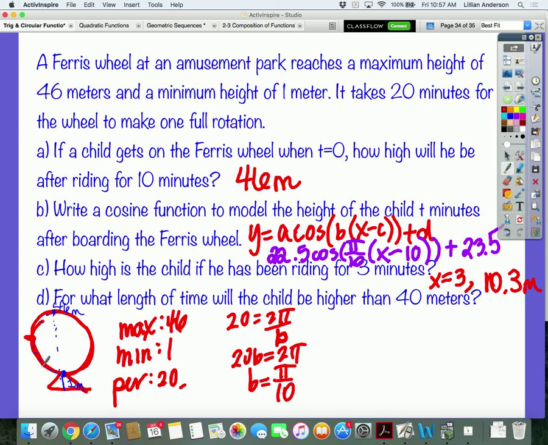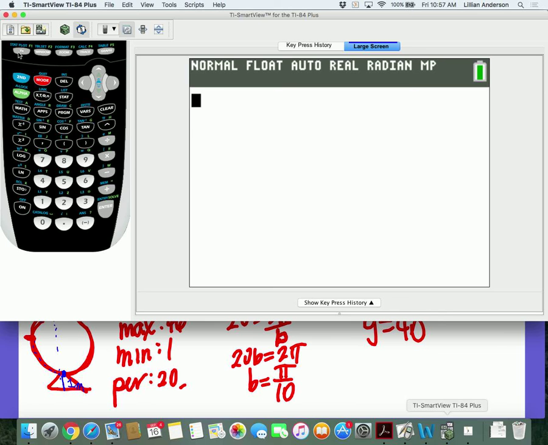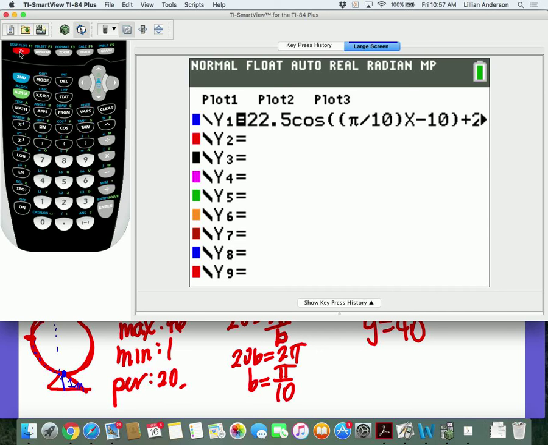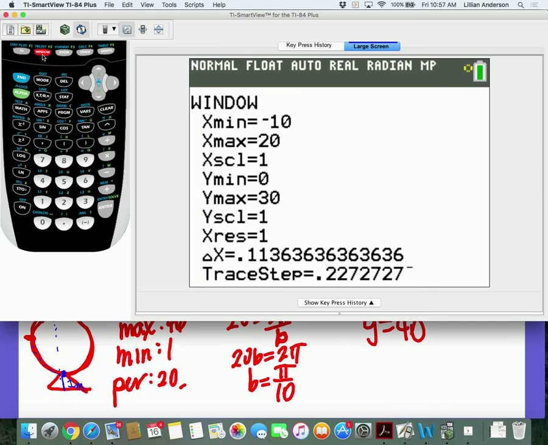Okay? And then it says for what length of time will the child be higher than 40 meters? How do we figure that out? You set y equal to 40, and use your calculator here. Make it easier on yourself, with the graph. You type that equation into your graph and adjust your window so you can actually see 40. You already know what your max is. What's your maximum height? 46.